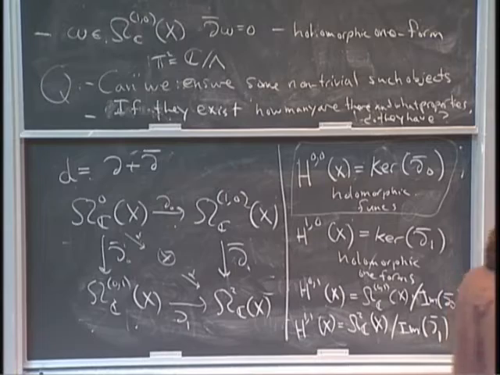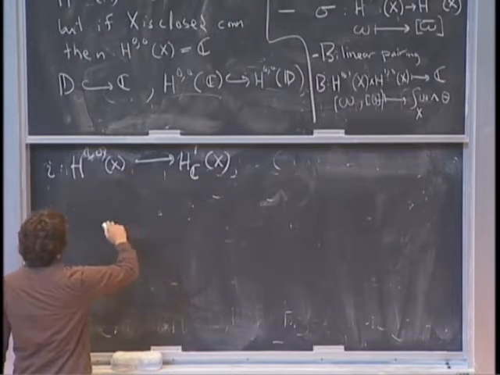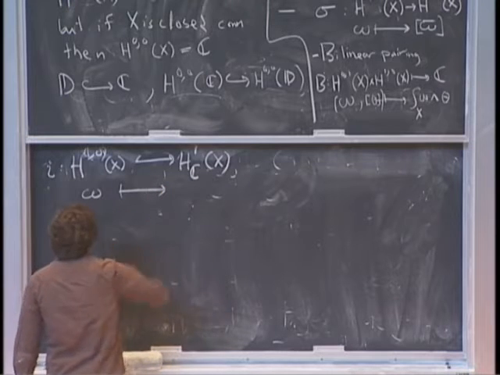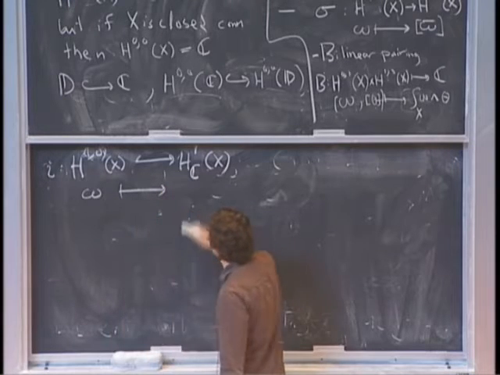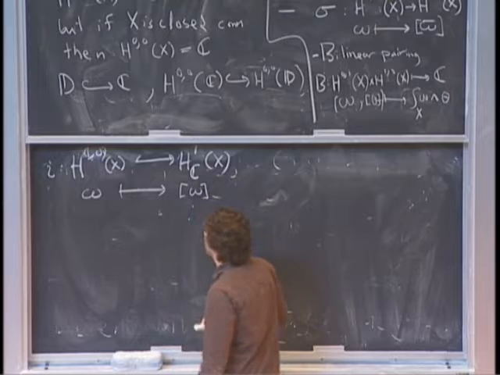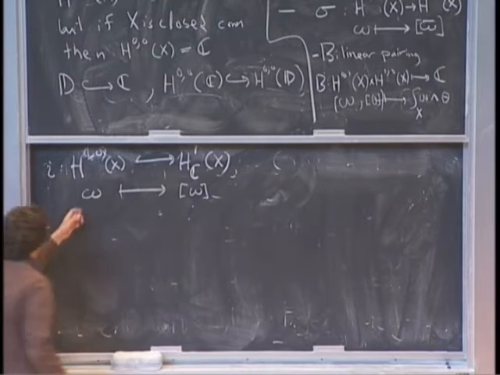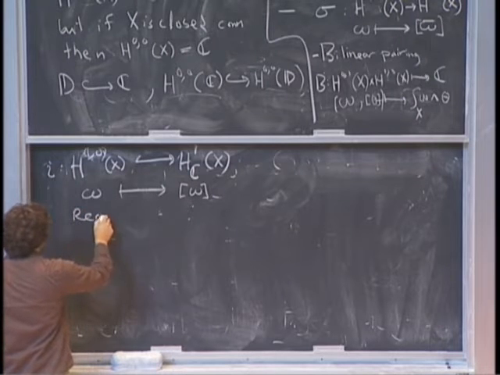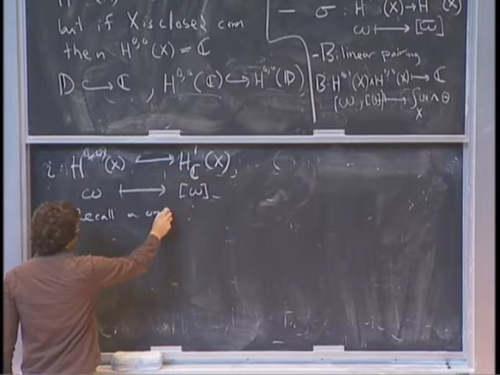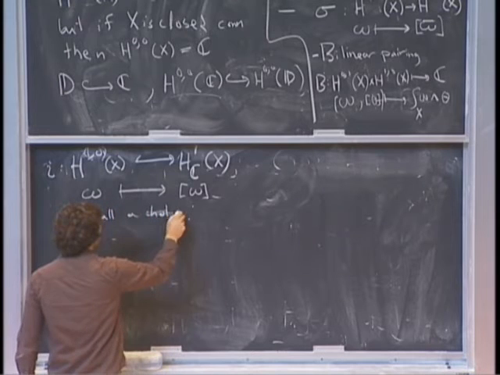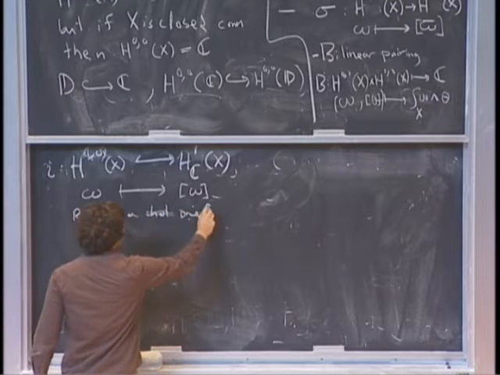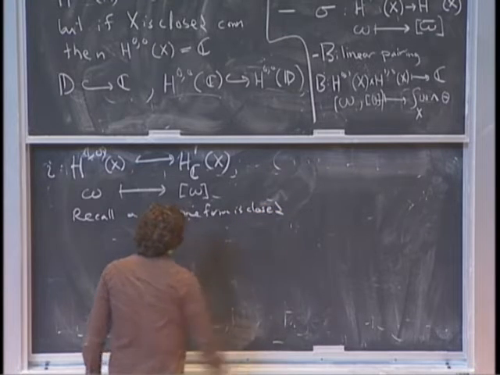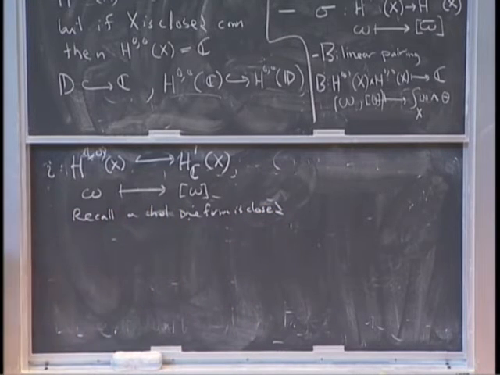It's just about tensoring with C. So we're going to include this into here, and the idea is we just take our 1 form and think of it, right? We know that a holomorphic 1 form is automatically closed. So here we use that we recall a holomorphic 1 form is closed, so we can take its class in the normal de Rham theory.